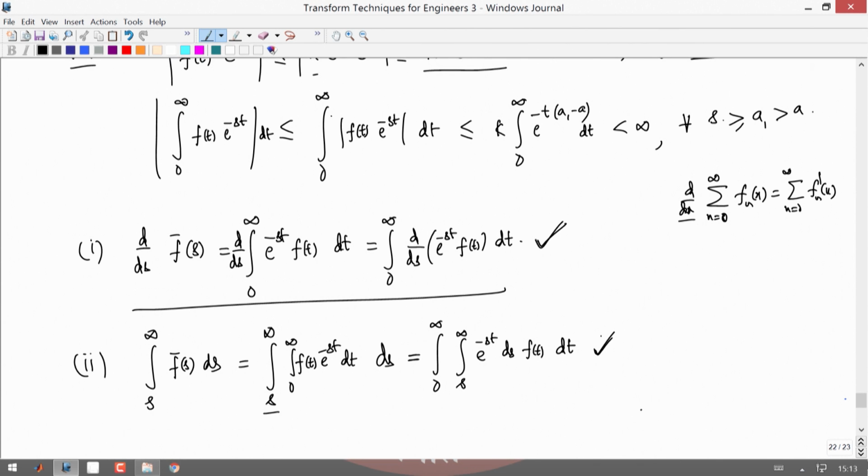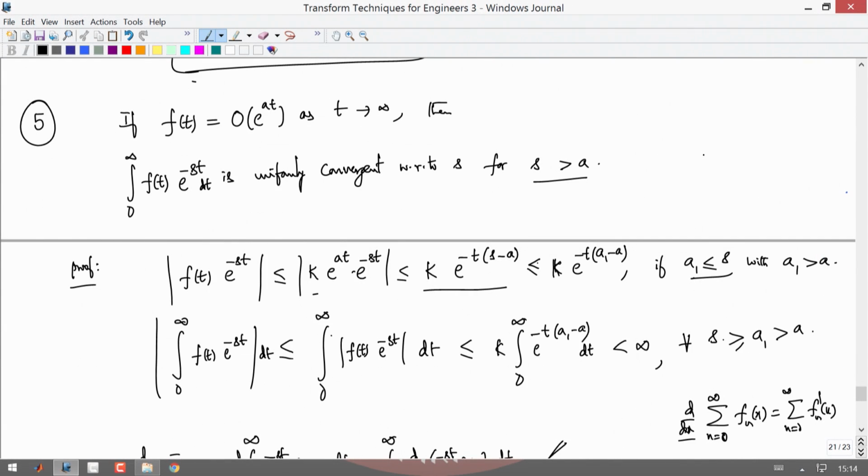Then we can look at differentiation of Laplace transforms, the Laplace transform of a derivative. So far we have seen certain properties of the Laplace transform: the shifting properties, the scaling property, and the Laplace transform of a periodic function.